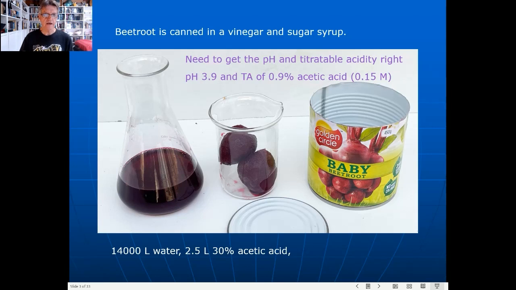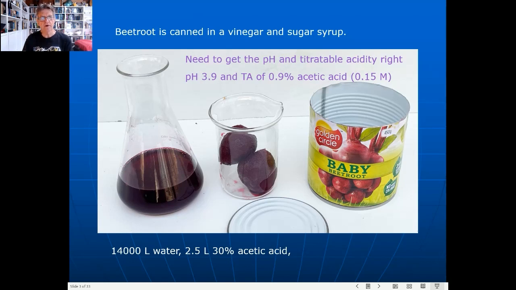Okay, so then I'd get the production team to add about 2.5 litres of 30% acetic acid, or it's basically a concentrated vinegar if you like, but it was supplied to the cannery as a 30% solution. Now vinegar that you'd buy in the shops for using in cooking is about 4% vinegar.